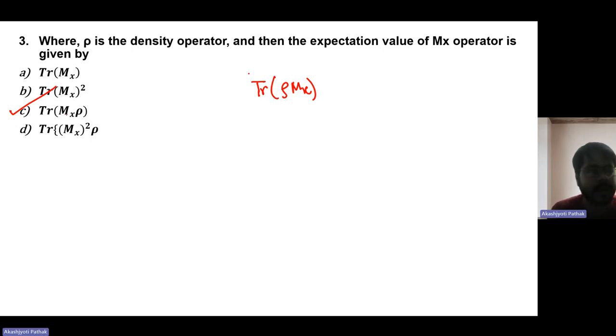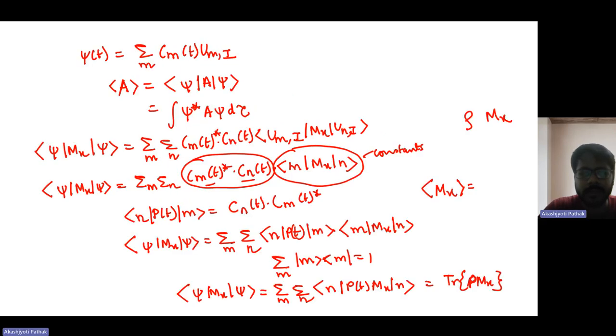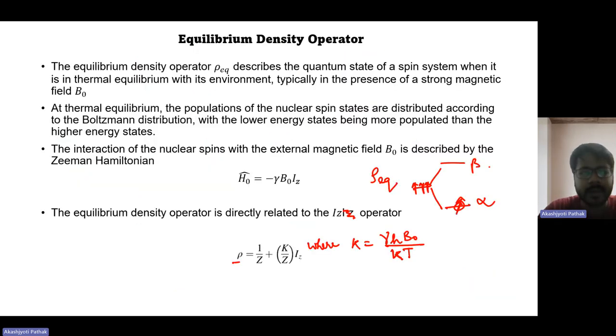So it is the product of this density operator and Mx, and then the trace, or the sum of the diagonal elements of the matrix that we get on multiplying the density operator and the observable. So we derived these equations, and why this expectation value is equal to the trace of the product of these two matrices.